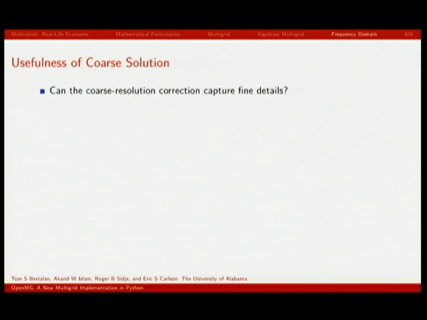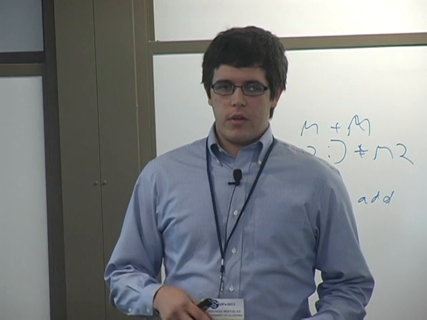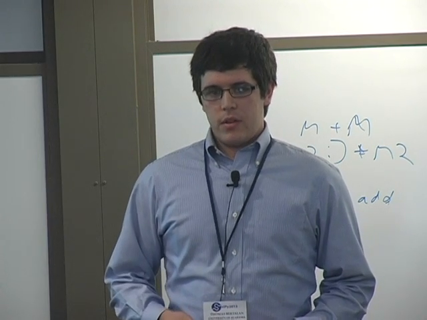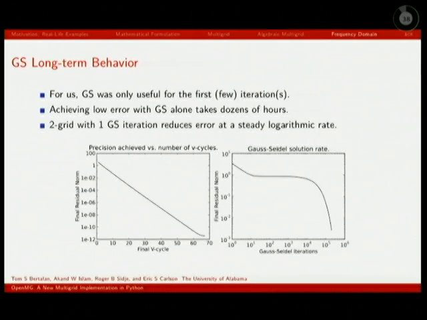So a question that might occur is, when you're solving for this correction factor at the coarse resolution, why can you coarsen it and still expect it to give all the fine details and variation across the whole domain? And the answer is that you don't actually need to.